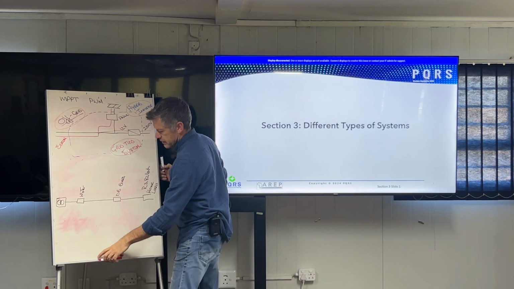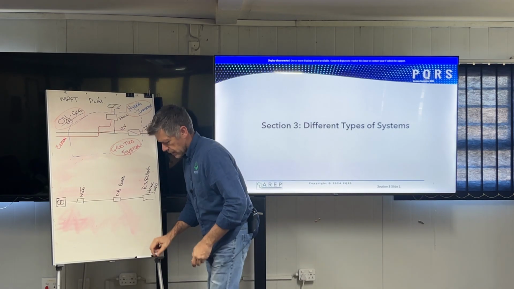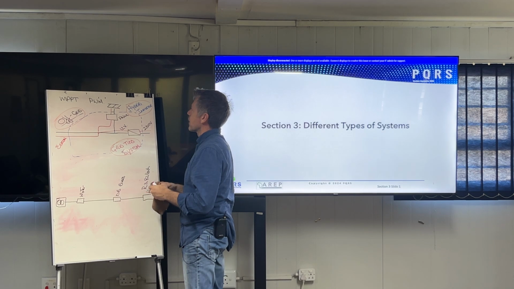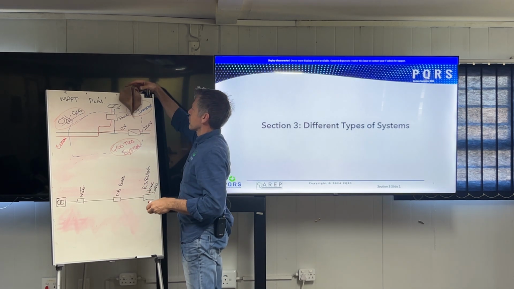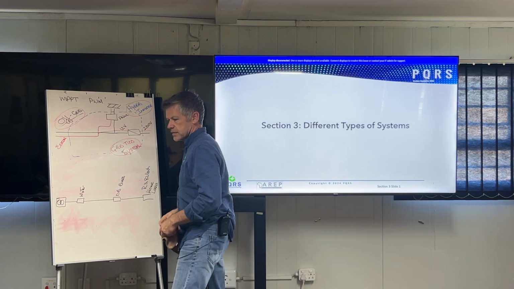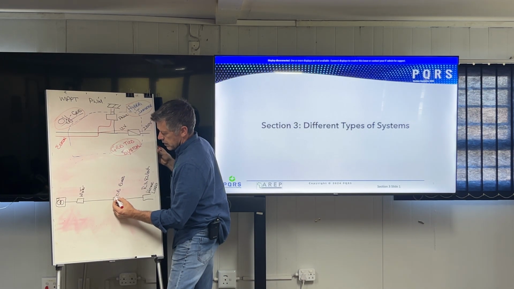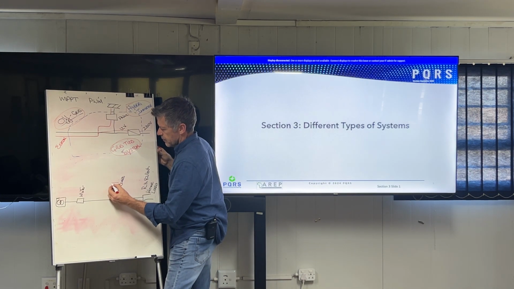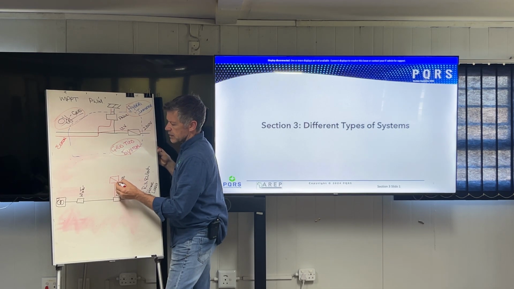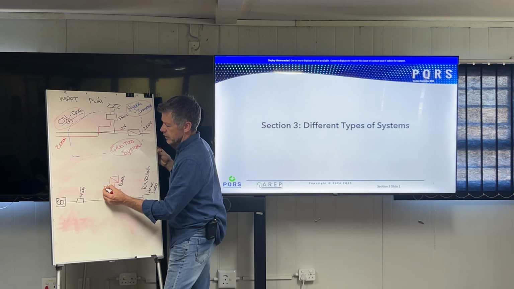If we had... that doesn't look very nice. This rectangular block with a line running through it is how we draw an inverter.